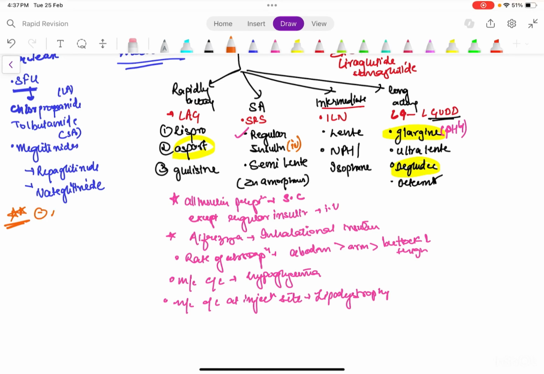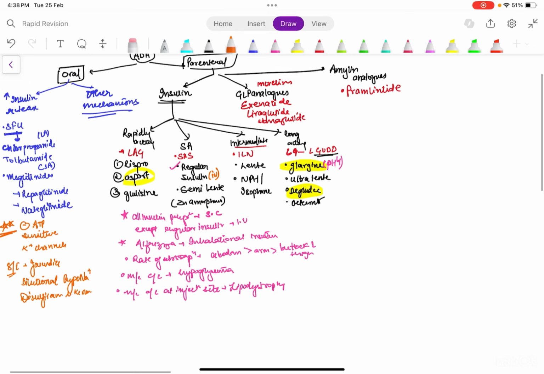First of all, they act by inhibiting the ATP sensitive K positive channels. Side effects are jaundice, dilutional hyponatremia, and disulfiram-like reaction.